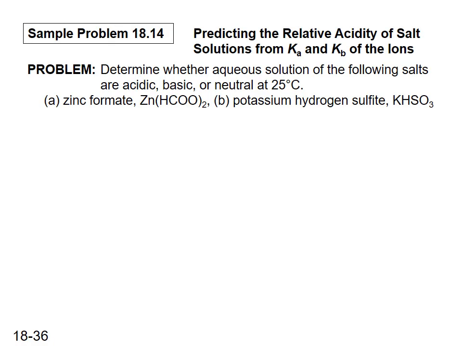Sample problem 18.14. Determine whether aqueous solutions of the following salts are acidic, basic, or neutral. To determine whether a salt is acidic, basic, or neutral, we need to look at the ions, cation and anion. In A, we know the anion comes from a weak organic acid.